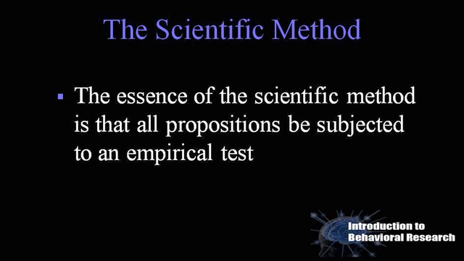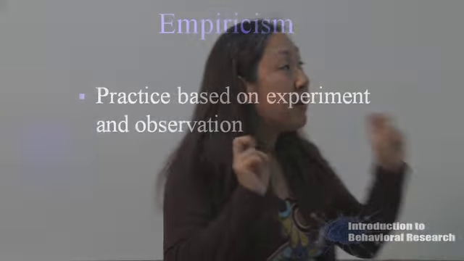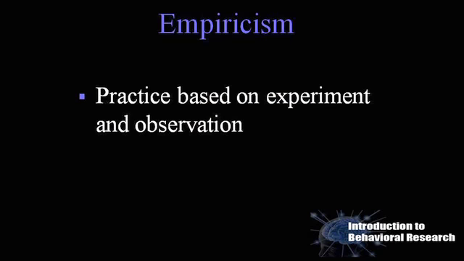Empiricism is the key with research methods, okay? We conduct the research and then get the results and find out what is going on, okay? So the empirical test is the key. All right. So empiricism, okay? Practice based on experiment and observation.